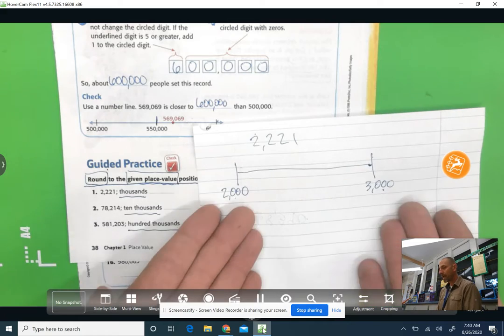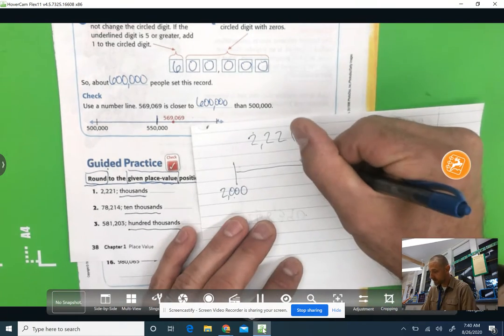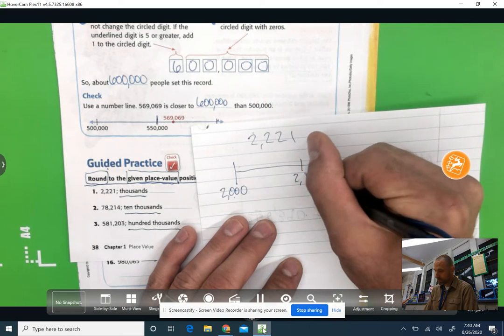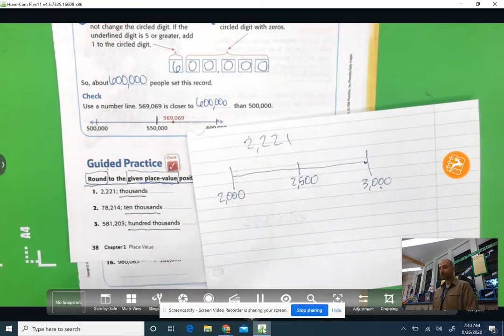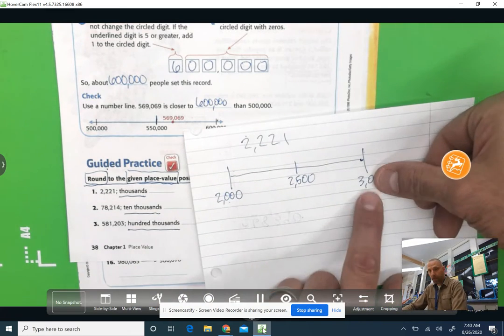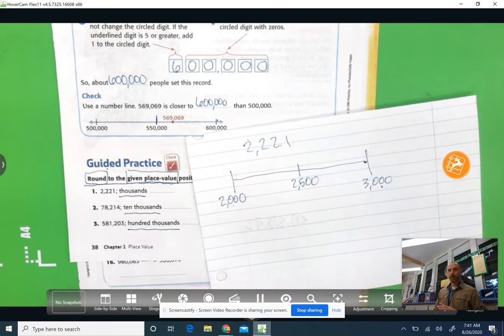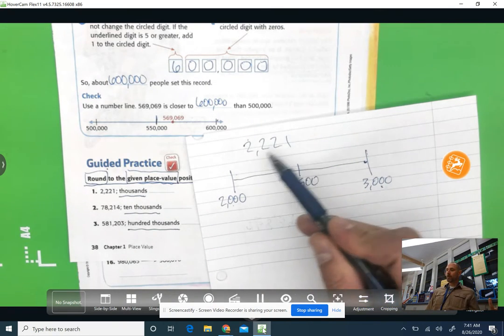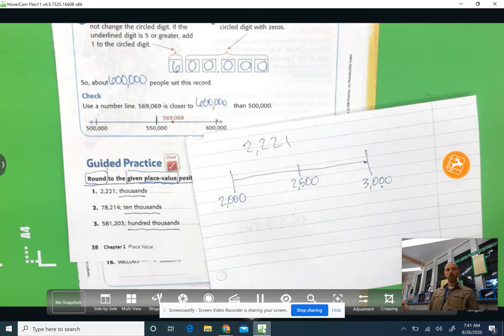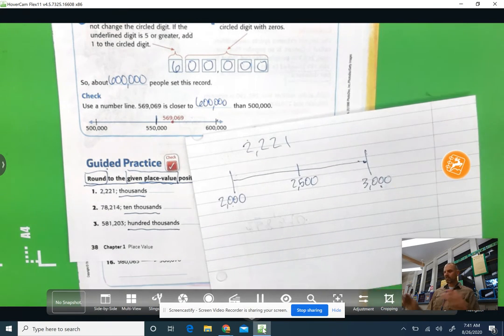Now, halfway between 2,000 and 3,000 is 2,500, just like halfway between 20 and 30 is 25. Now, let's ask ourselves, is 2,221 smaller than 2,500, or is it greater than? This is that whole 4 or less, 5 or more thing.